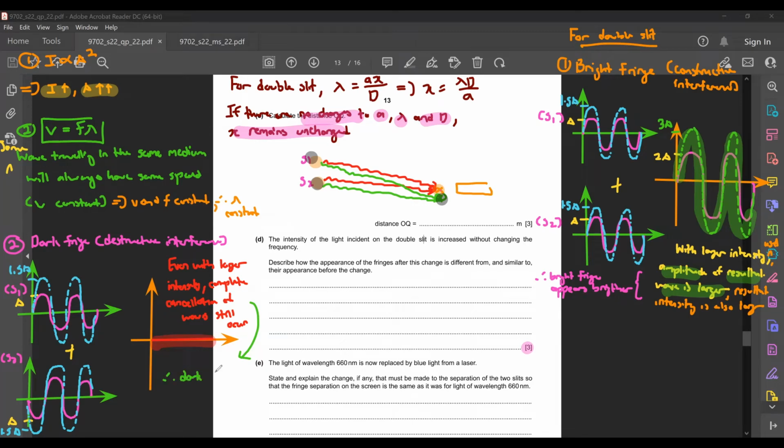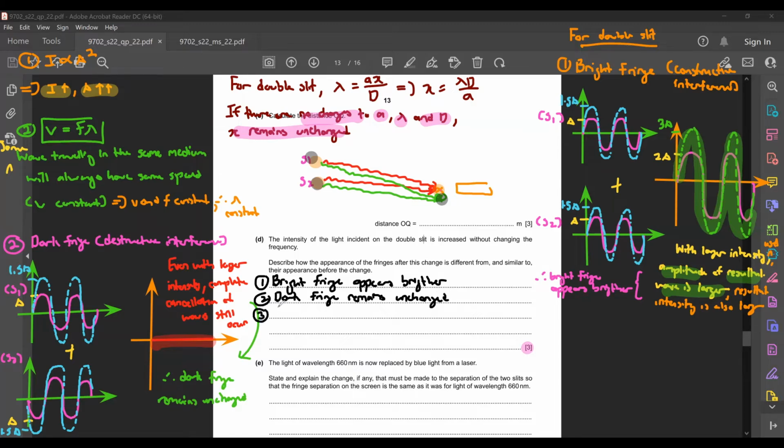For your answer, you can say that the bright fringe appears brighter, the dark fringe remains unchanged.